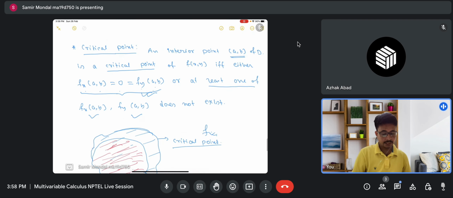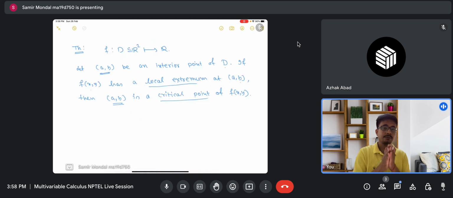But this theorem says that if you first find the critical points, this is the bigger set containing your local extrema. If you are able to find the critical points, then your work will be very easy. After that a few steps remain. Suppose you get 5 critical points; among these, maybe all 5 are local extrema, maybe only 2 or 3. In the domain there were uncountably many points, and from there we are looking for only a few now.